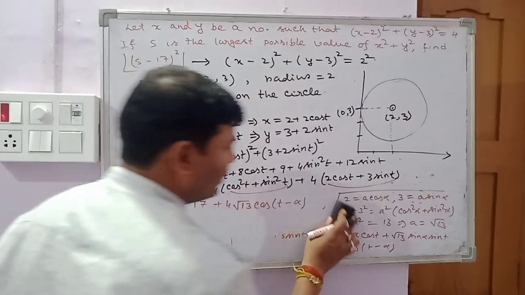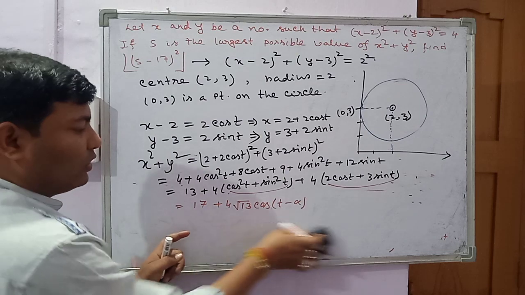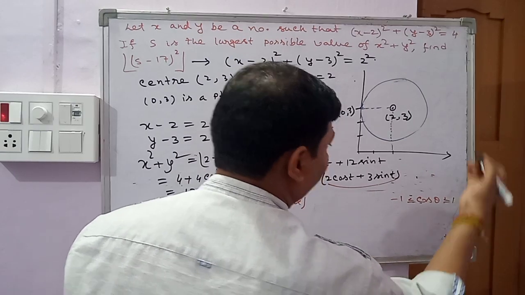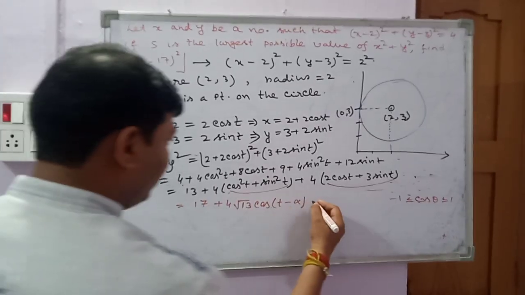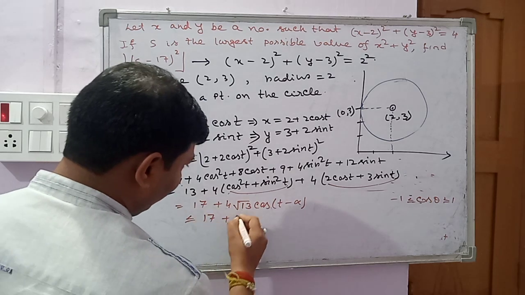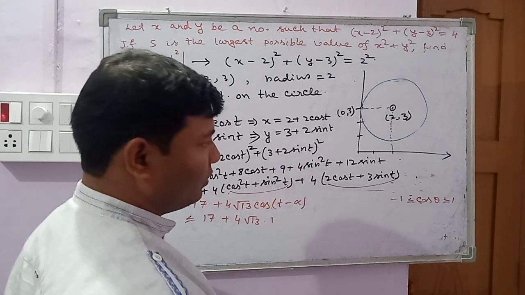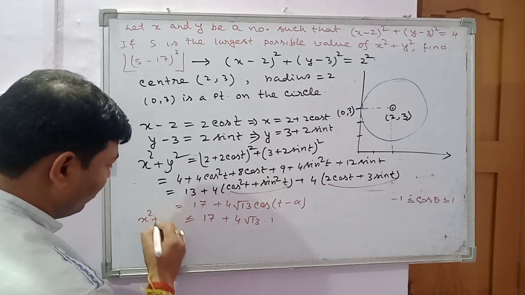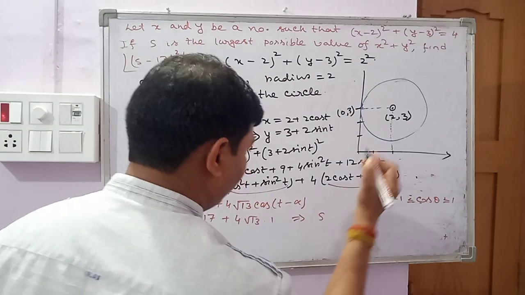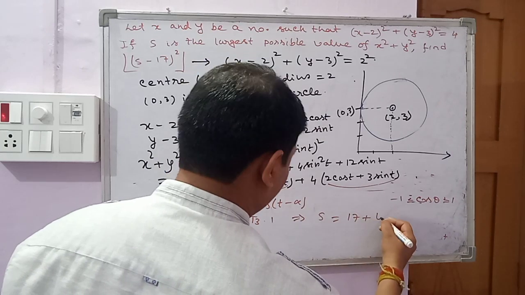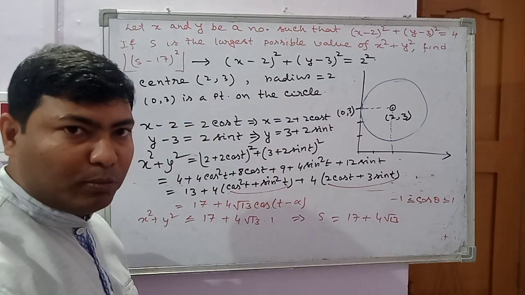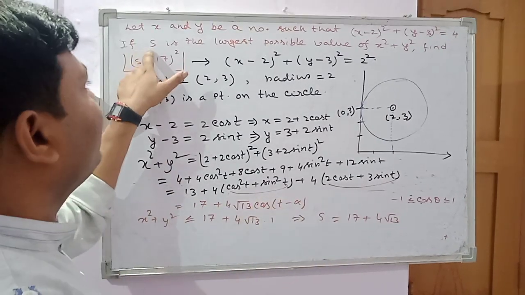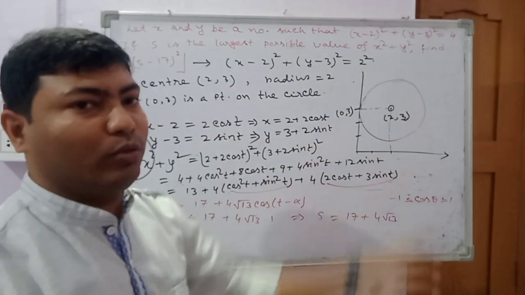Cos theta is always less than or equal to 1; minus 1 is less than or equal to cos theta, for any angle theta, less than or equal to plus 1. So this value is always less than or equal to 17 plus 4 root 13 into 1. So the maximum value of x square plus y square, that is s, is 17 plus 4 root 13. It may be smaller than that, but here s is given as the largest possible value of x square plus y square.